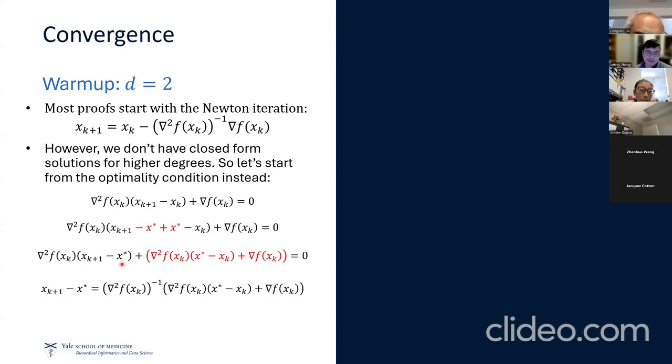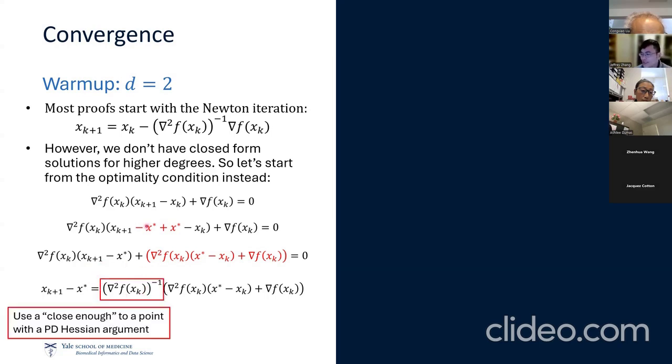And again, there's some being close to the global minimum thing that I'm hand waving away. You essentially use that to argue that this matrix is positive definite.